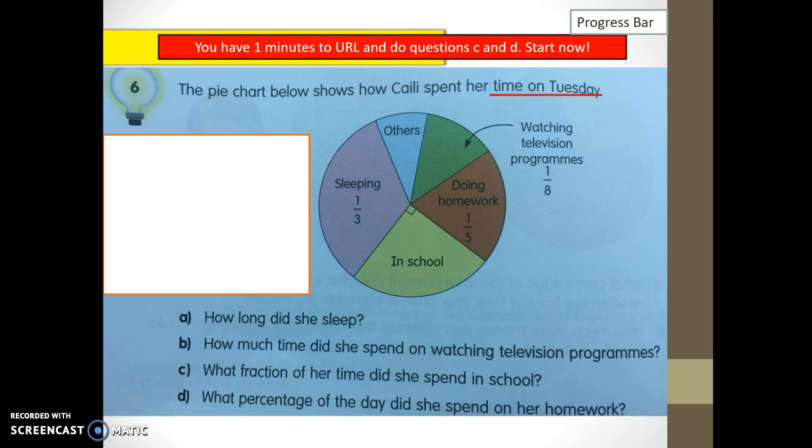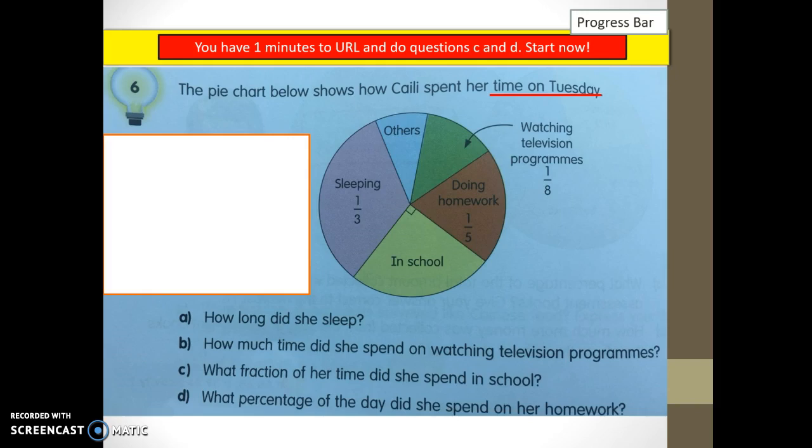Again, read the question. Check your working. Alright? Okay. I wish to speak to you. I need all of you to focus for this last bit. I hope that you're responding correctly.